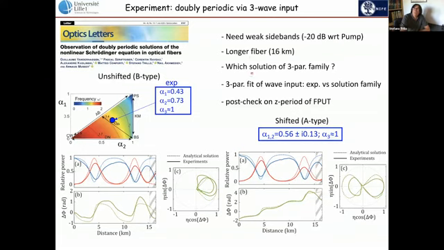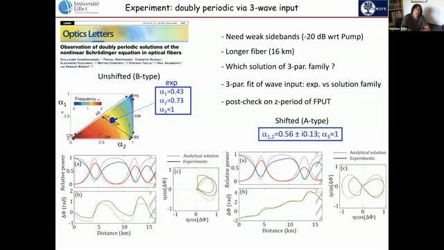Then one can ask, which solution of the three-parameter family fits our experiment? We choose the three parameters by comparing the Fourier spectrum at the minimum expansion in the experiment and in the theory. This is an example.